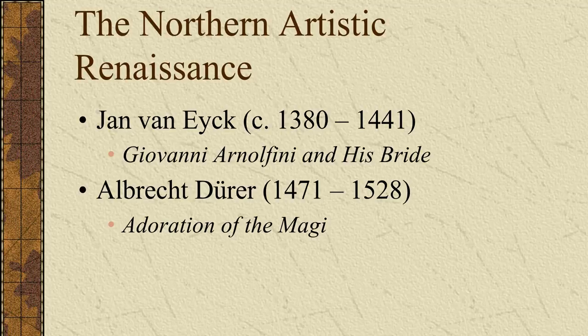In the north, there's another northern artistic renaissance. Two of the more famous people up there are Jan van Eyck and Albrecht Dürer. Van Eyck pushes forward this idea of portraits. It's a Renaissance style. It's very popular in the north with the northern merchant wealth to have self-portraits painted and then hung in the houses.